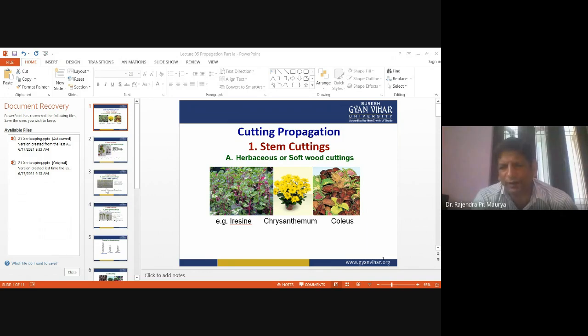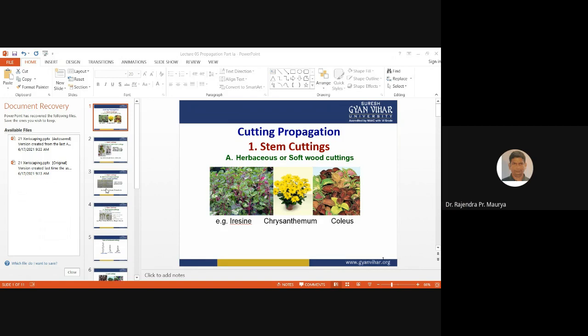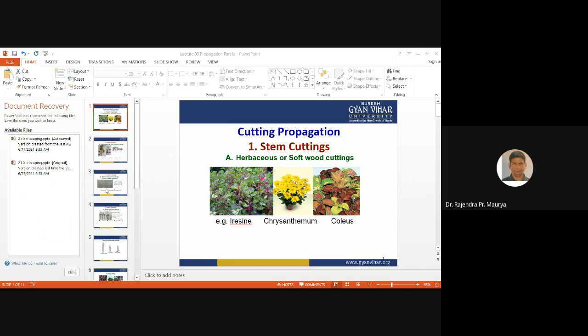Regarding the nodes containing some leaves, we have to remove part of the leaves to reduce the load weight of the cutting.